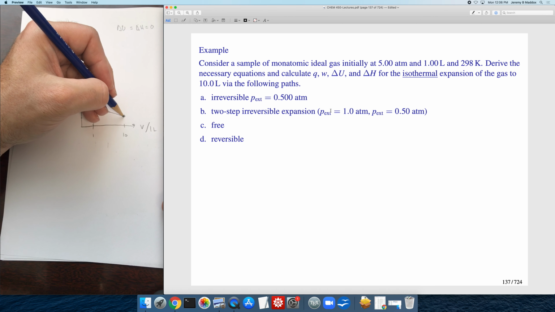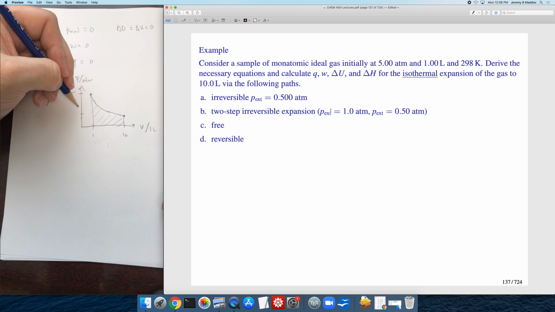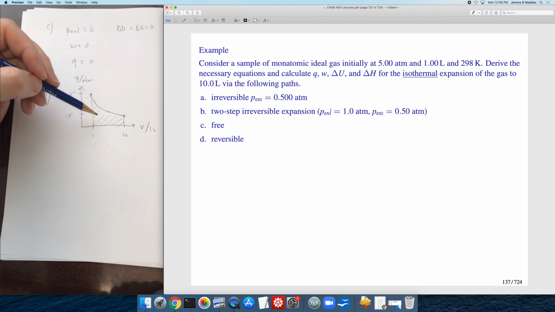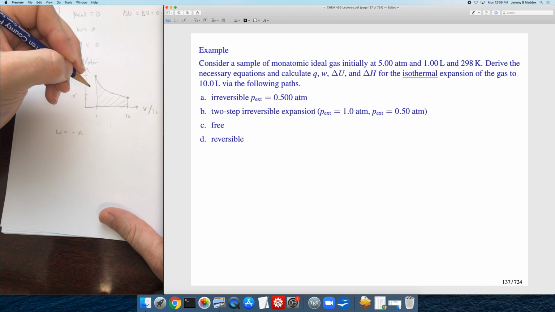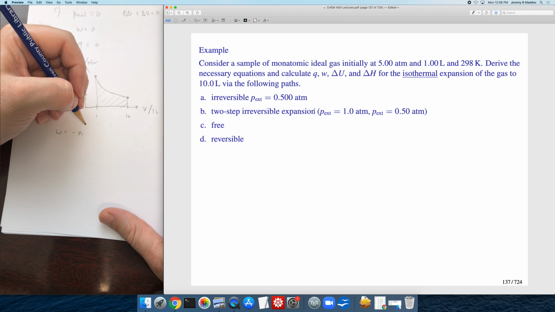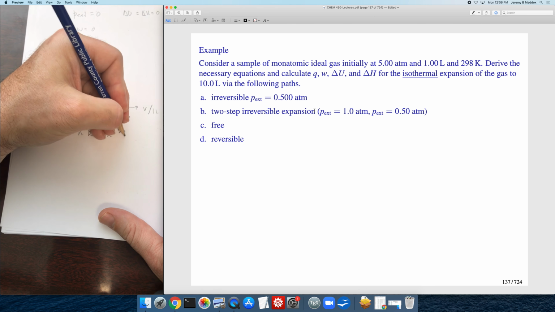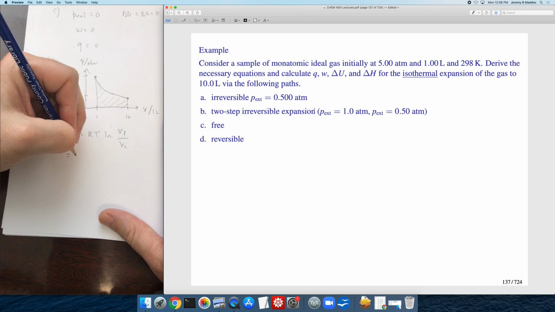And so what we need to do is to calculate the area beneath this curve. And that's given by a different formula for the work. It's for an isothermal gas expansion involving an ideal gas. It's nRT natural log of Vf over Vi, initial and final volumes.